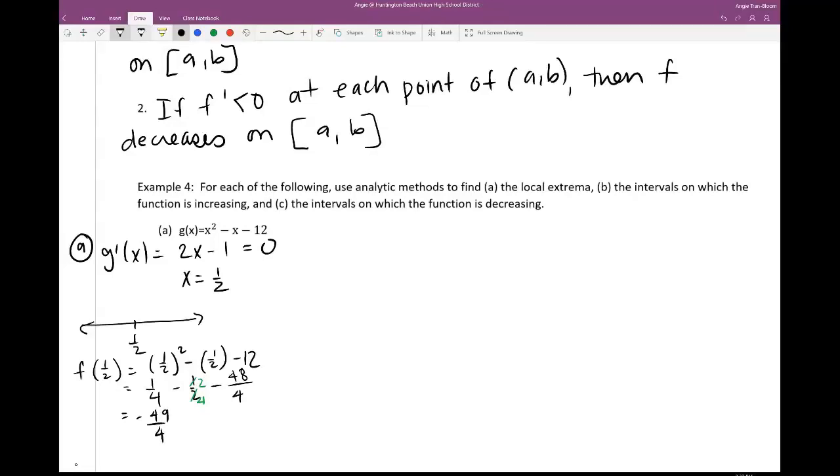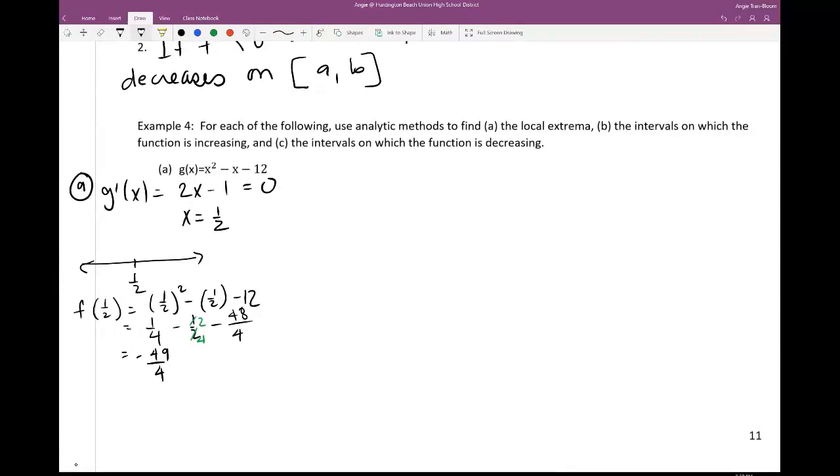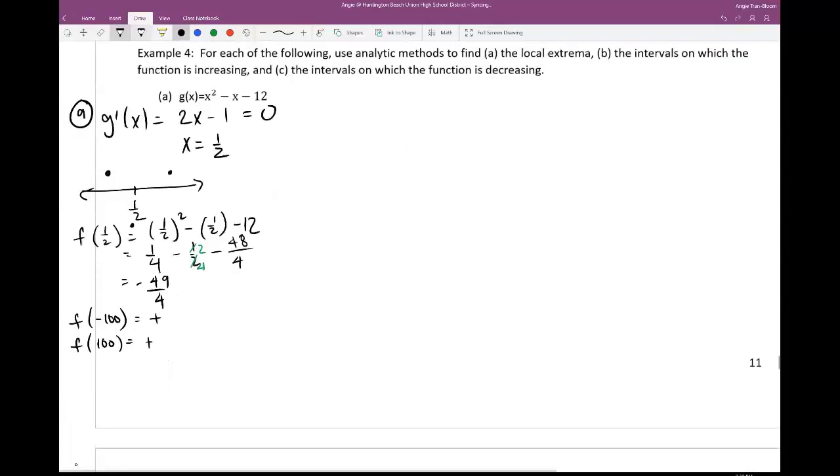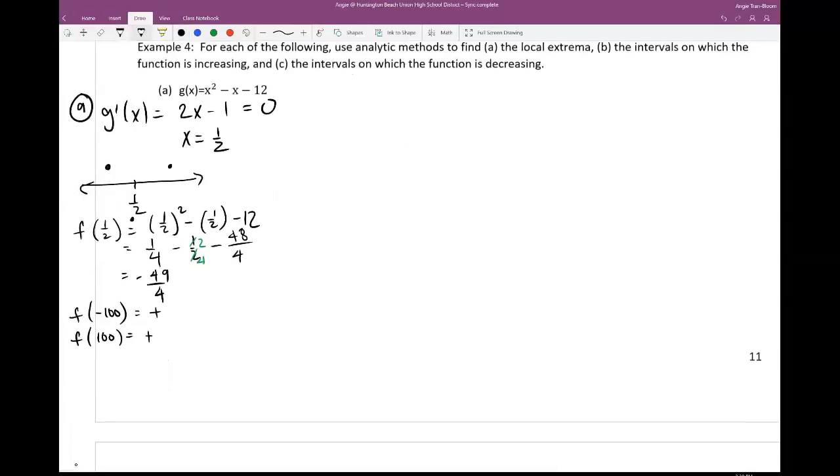Okay. Well, I kind of don't know if that's a minimum or maximum. So let's do some far out points. Negative 100 squared is positive. f of positive 100 is still positive. So I have 2 positive points, and this is negative somewhere in the bottom. So this is definitely a minimum. Okay. So minimum, would you agree with that?